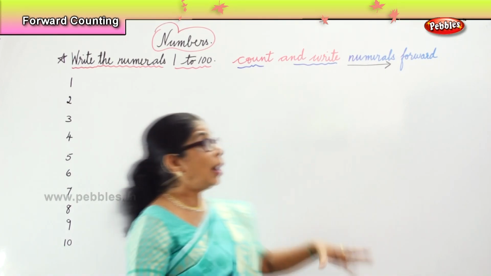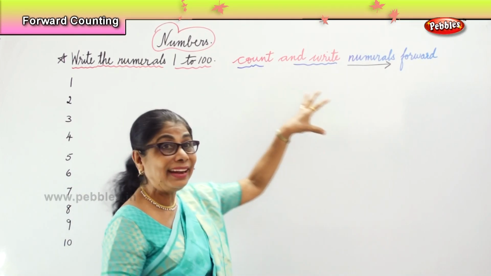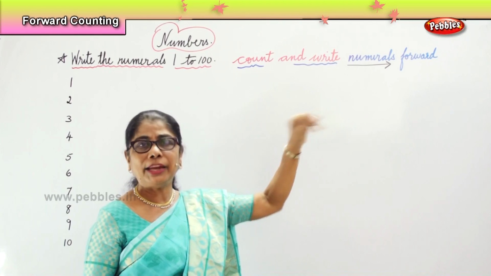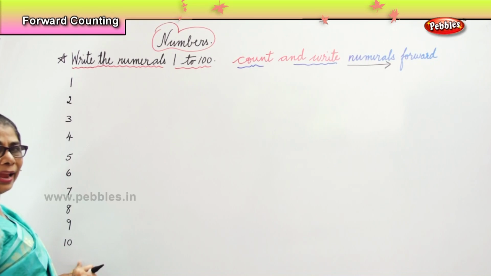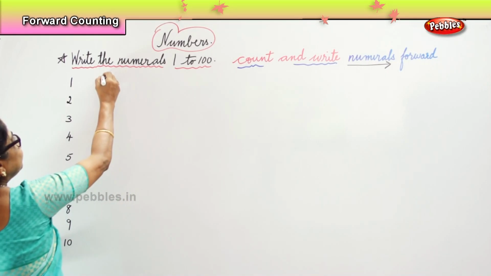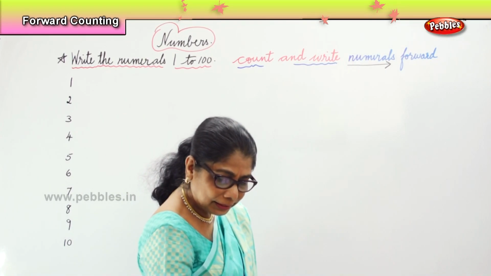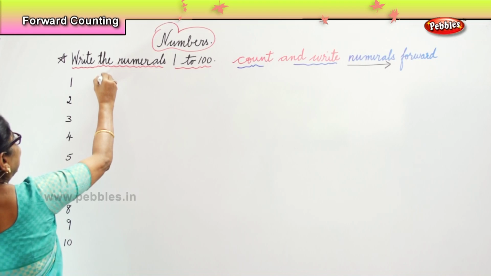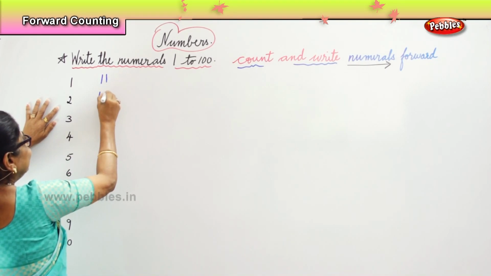Now, why I say count and write: as you keep counting, if you write, you will not make a mistake. Now, beyond 10, you add one more, what will you get? 11, very good. Yes, next. 12, very good. So it's very easy. You say 11 and one more, you'll say 12.